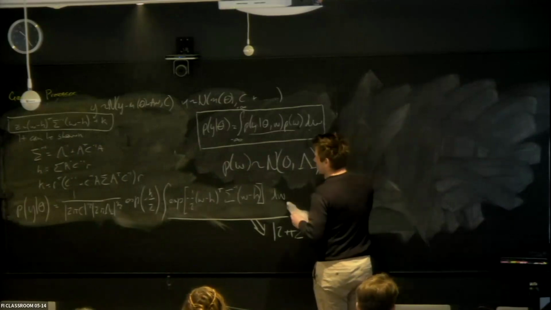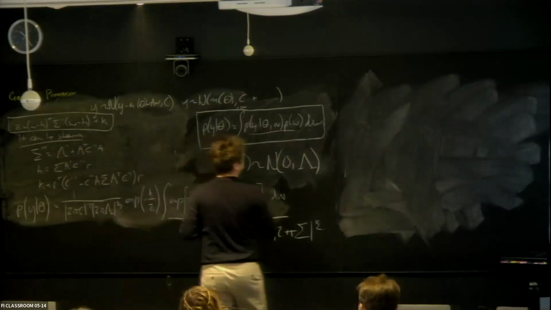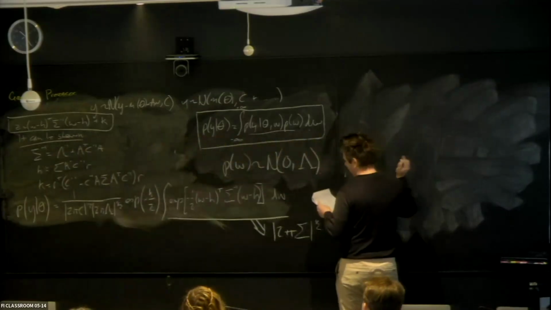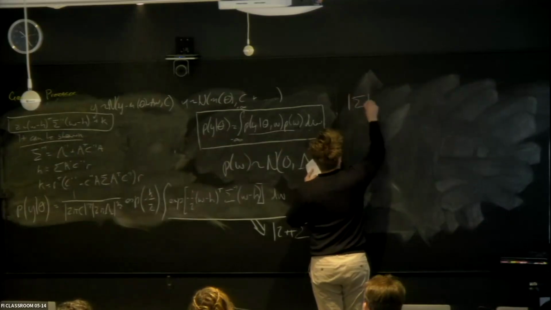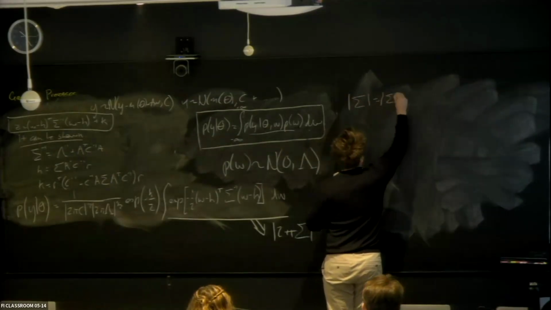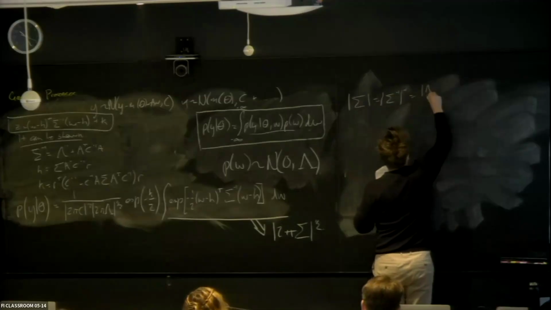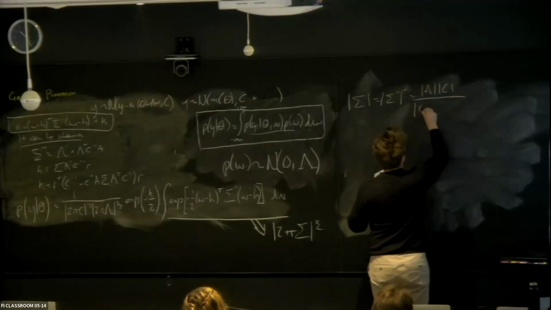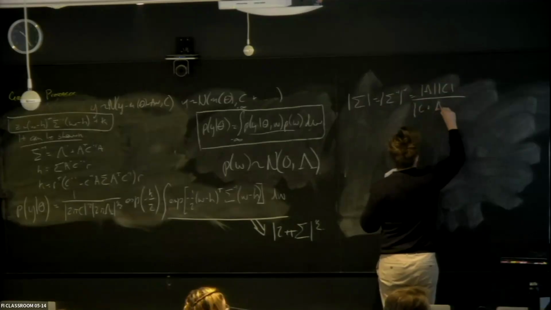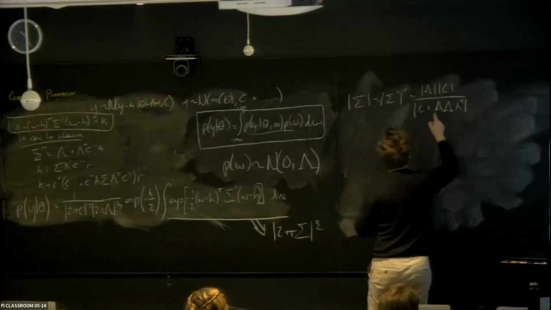So now this is where I said we skipped a step. Here we're going to use two things, the matrix determinant lemma and the Woodbury matrix identity, just to have things in a slightly nicer form. That's the matrix determinant lemma.